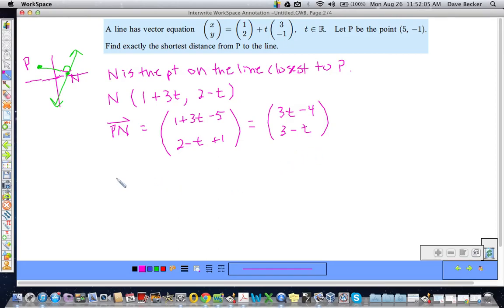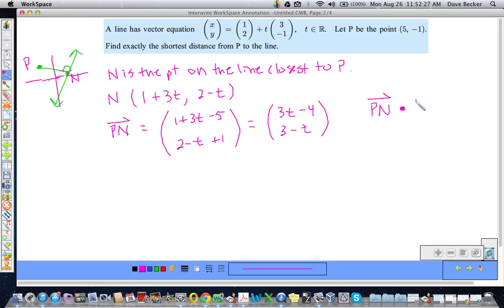Now, we need PN to be perpendicular to this line. And how do we find that? Well, we're going to use the directional vector, because it needs to be perpendicular to this direction, if you want to think of it that way.